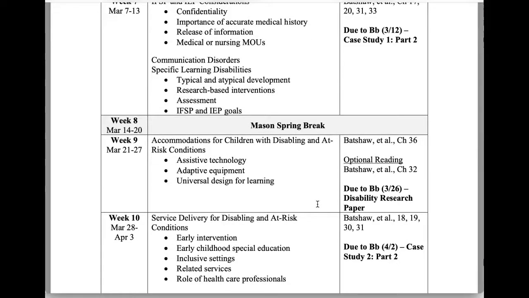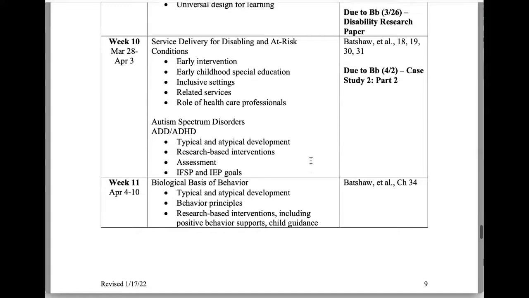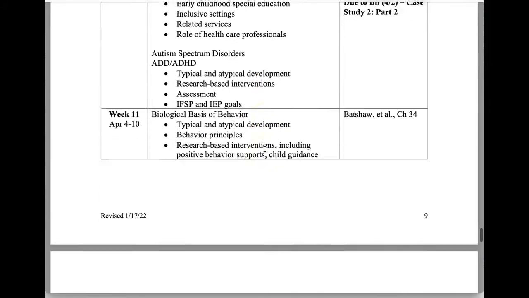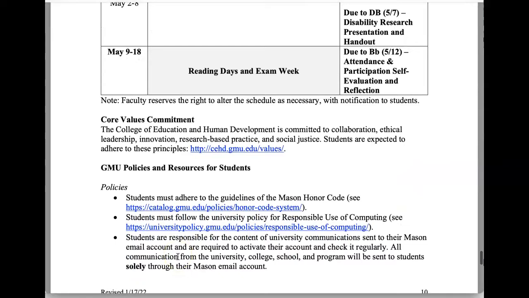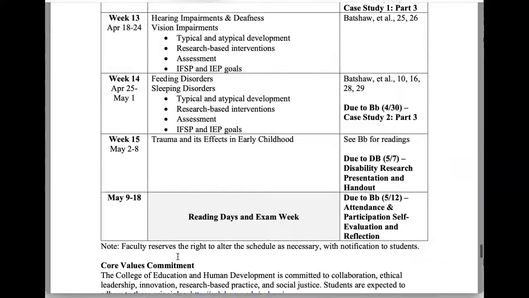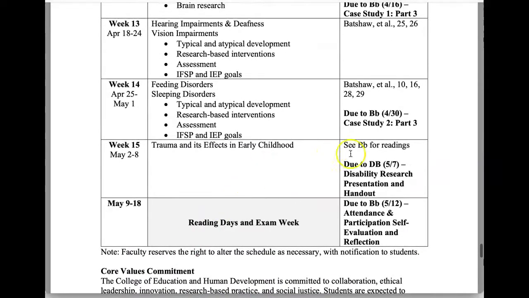This again is the course schedule. It shows you when everything is due and what we're going to be discussing each week. And then there is the boilerplate information at the end of the syllabus. One thing to note is that you will finish the week of May 8th.